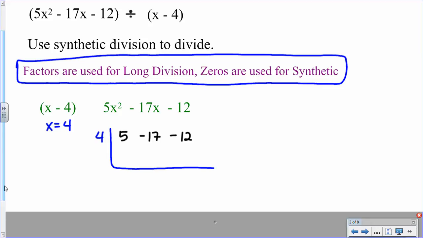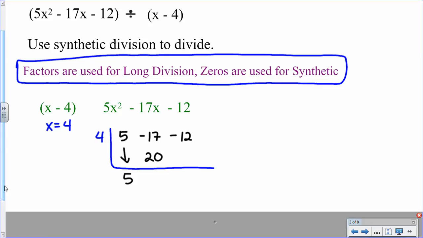Okay. So what we do is you have to bring the first one down to get started. So this becomes 5. And then you take this number here and multiply it by your 0. So 5 times 4 is 20. And then add down. So long division, subtract down. Synthetic division, add down.